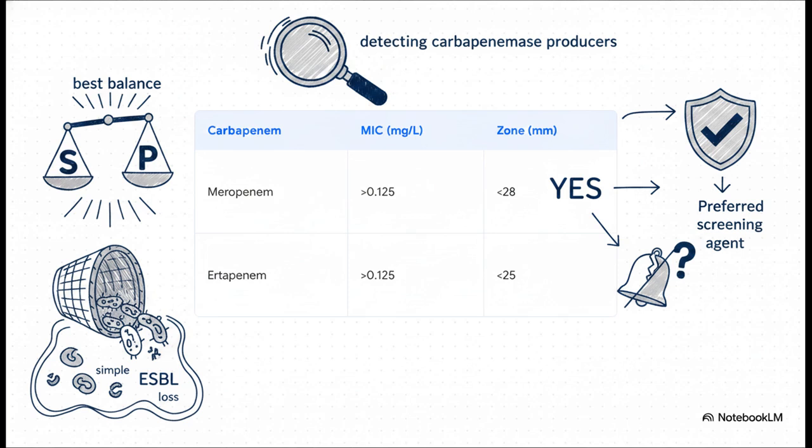Ertapenem, on the flip side, is the most sensitive carbapenem. It'll catch pretty much everything, but its specificity is pretty low because it's kind of unstable. Bacteria that just have an ESBL combined with, say, simple porin loss might show up as resistant to ertapenem. That gives you a false alarm for carbapenemase. So meropenem, definitely the go-to screening agent here.